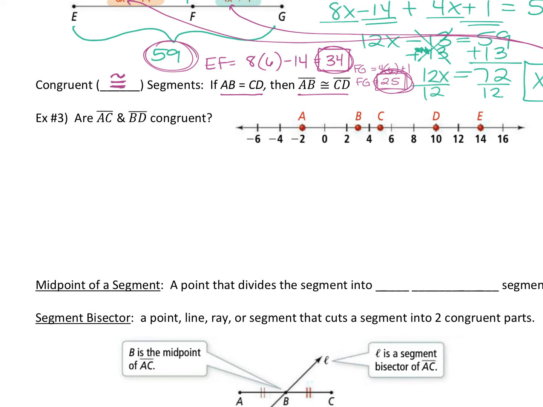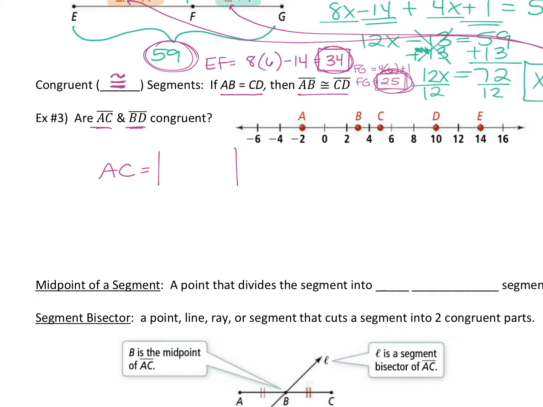All right, so we're going to use that ruler postulate that we learned at the beginning, and we're going to determine if these two segments are congruent. Can anyone tell me the length of AC, or how do we find it? Can you just count on the graph? You could just count it on the number line. Do you remember what the ruler postulate says to do?